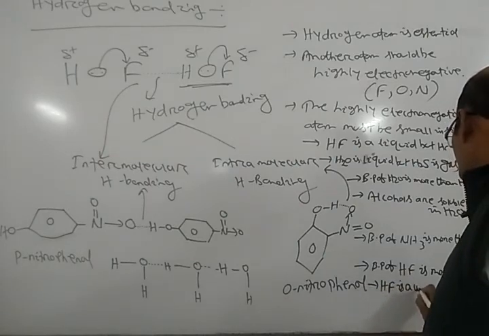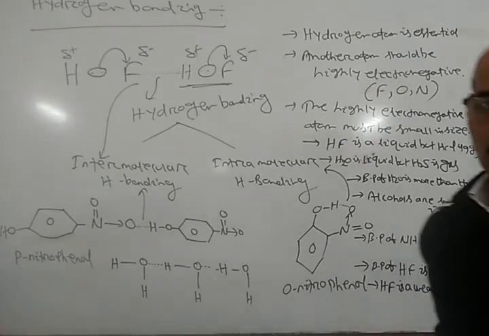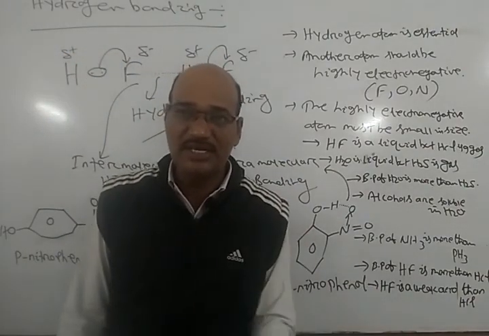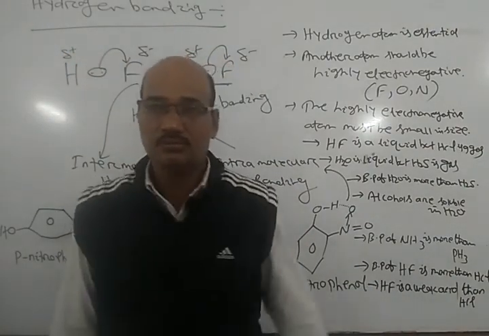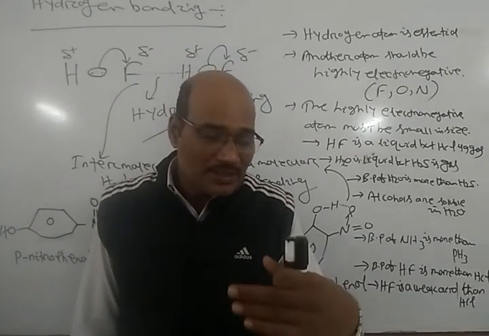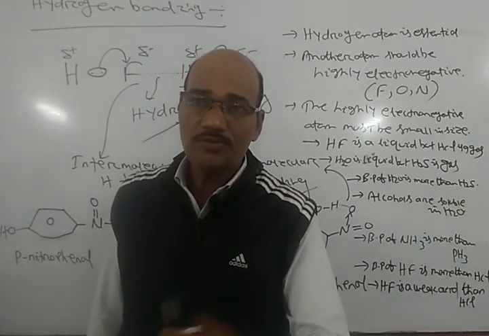HF is a weak acid than HCl. See, HF, HCl, HBr, HI all are acids. Okay, so the species which can easily donate the proton is more acidic.